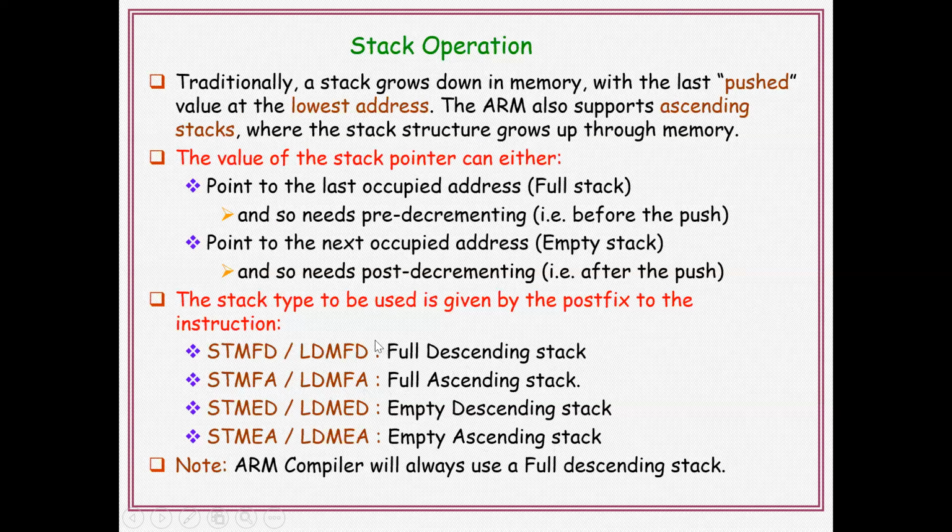These are the four different types of stacks supported in the ARM architecture. By default, the ARM compiler will always use a full descending stack. So the four are: full descending, full ascending, empty descending, and empty ascending.